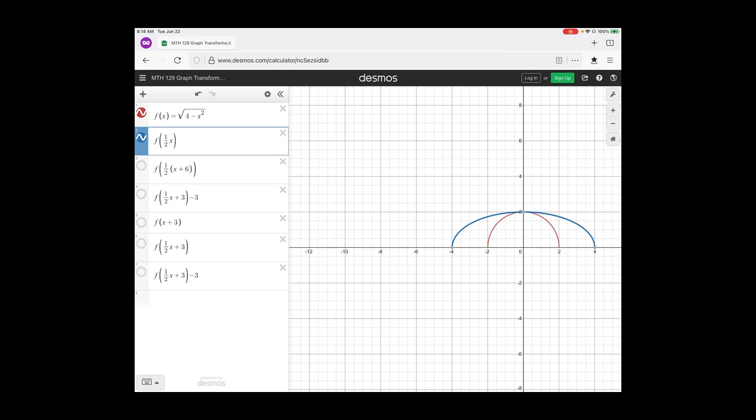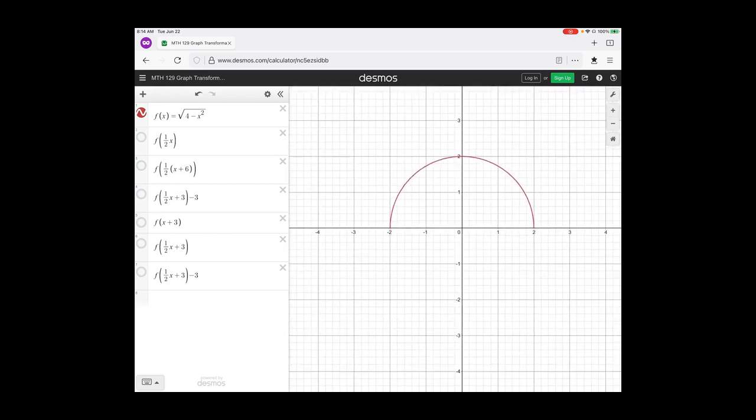Now the second solution. We again start with the red graph, our original square root of 4 minus x squared. And in the second solution, the first step was to shift horizontally by 3 units, producing this black graph.